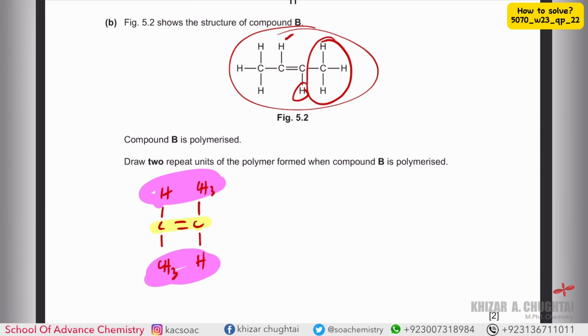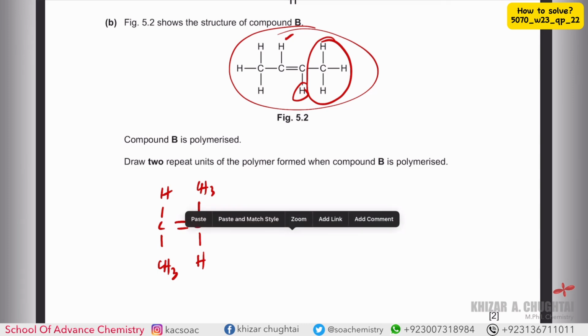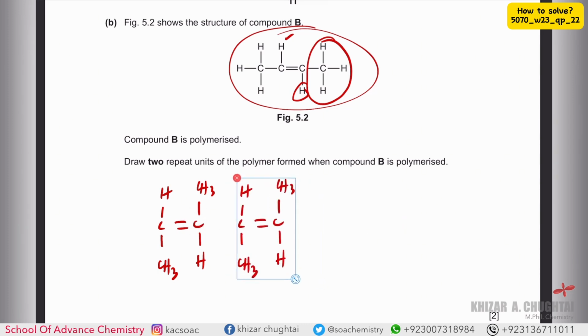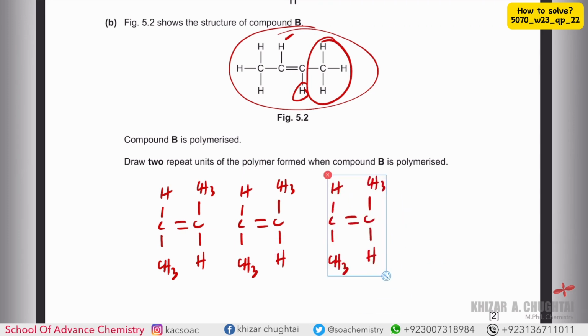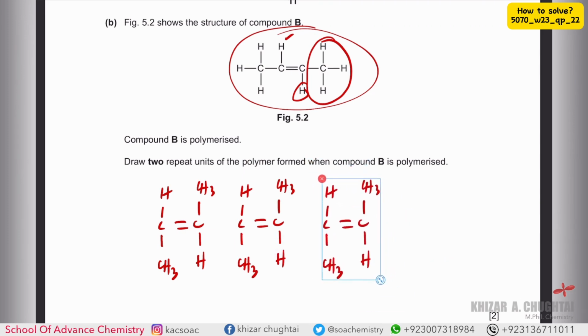Now the next thing is I'm going to make copies and paste. So I have three monomers lying in front of each other. Now what I'm doing basically is removing this bond and shifting it onward over here. This bond will be shifted over here, and this will be shifted over here.